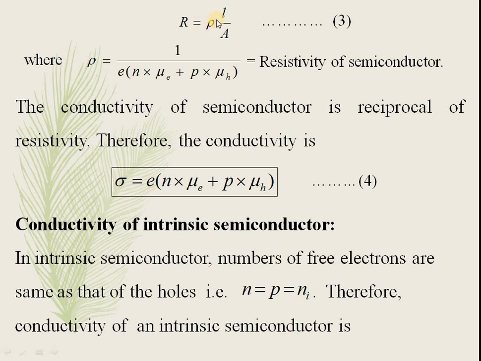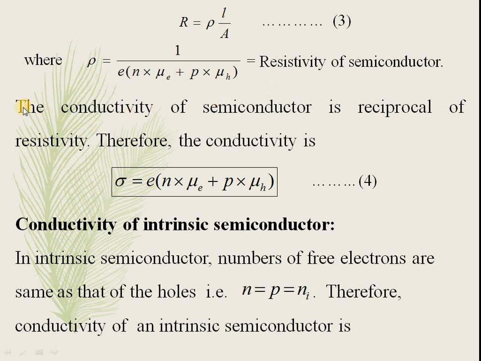Now in this equation we introduce a new parameter, rho, which is equal to 1 upon e into (n mu_e plus p mu_h), which is nothing but the resistivity of the semiconductor.